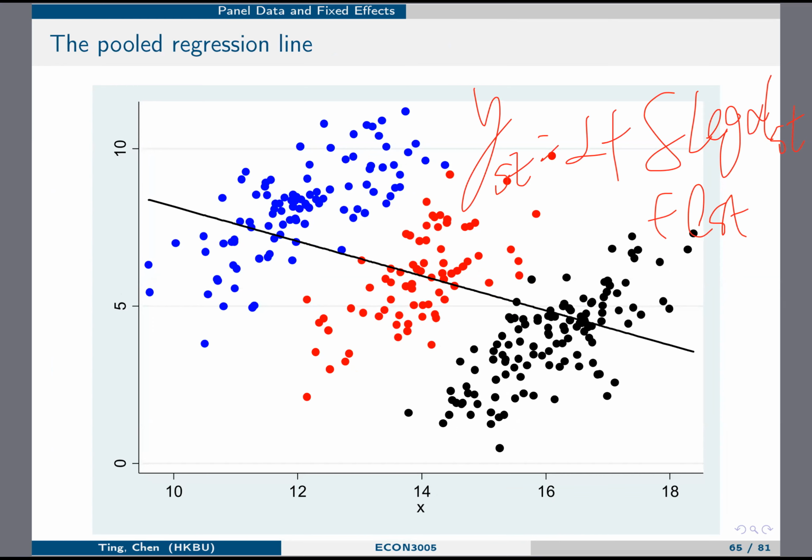We will have a straight line like this, the black line. It's the regression line that we have. Now we can see the delta is actually smaller than 0. This is the pooled regression line. Pooled means that we pool all the data at different dimensions together and didn't control for the fixed effects.